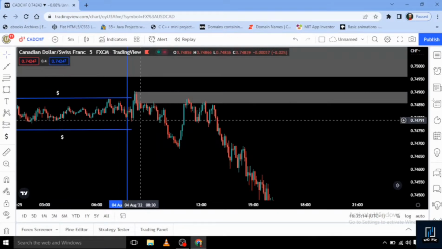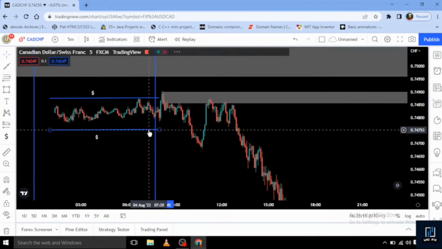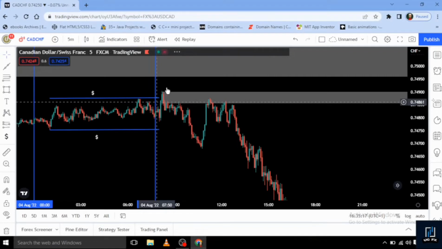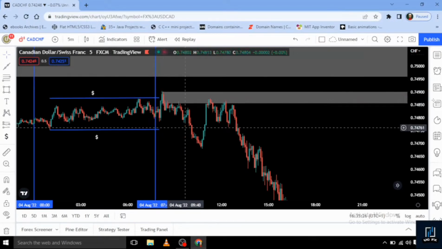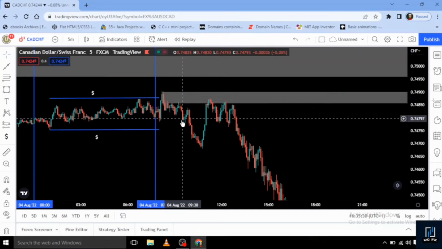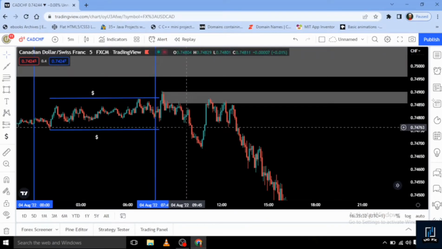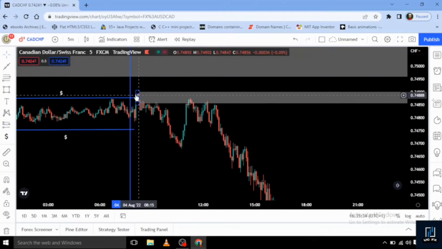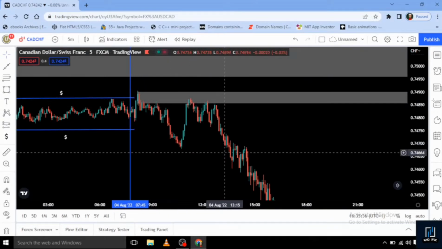So this is where you need to start focusing on taking your entries from, because after a liquidity purge, there are still some orders that the smart money still have inside this area that they need to come out and close, if you actually understand what order blocks are. So here, price came back, tapped into this order block before moving down.